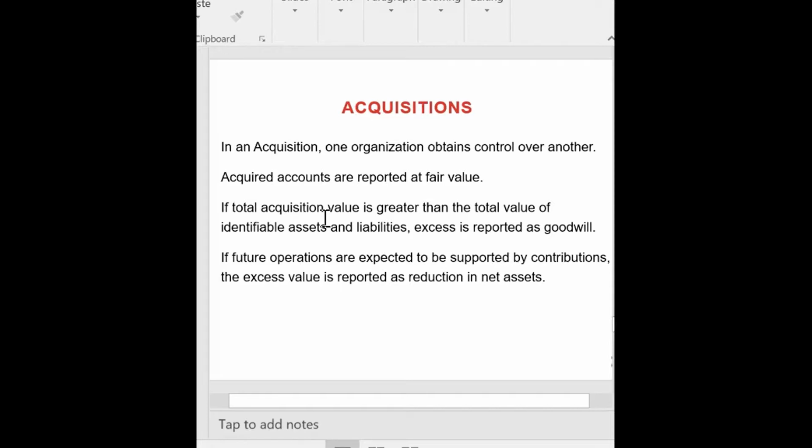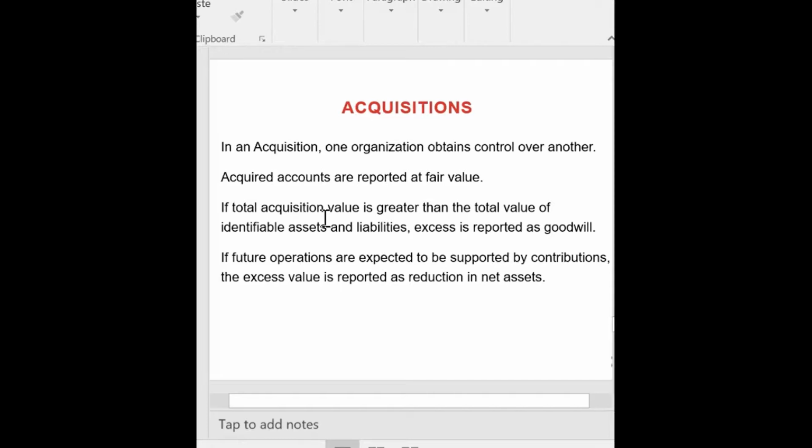Acquisition, this term is applicable when one organization is acquiring and obtaining control over another organization. In that case we use the term acquisition, and the acquired accounts are reported at fair value.